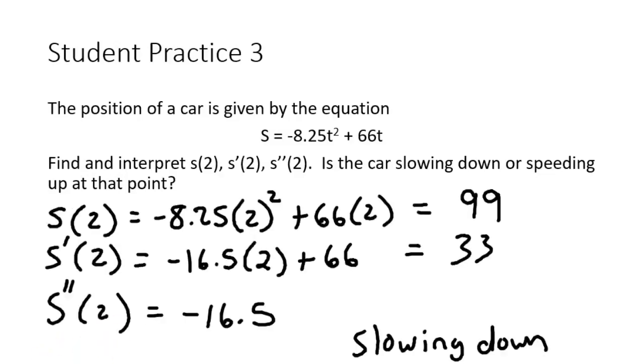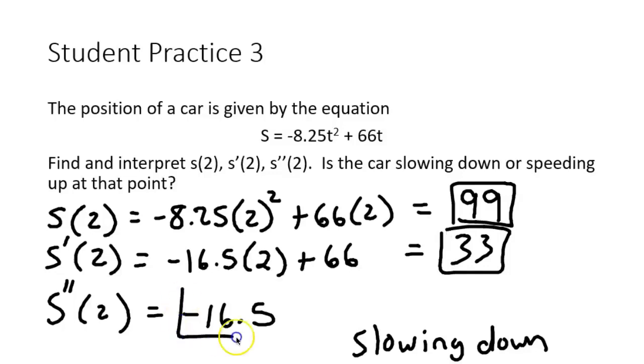So it looks like I didn't include units on this one, so we'll ignore the units this time around. But the position of the car is 99 spaces, or 99 units to the right. The velocity is 33, which means that it's increasing its position by 33 spaces to the right every unit of time that goes by. And then the acceleration is negative 16.5, which means that it's actually slowing down.